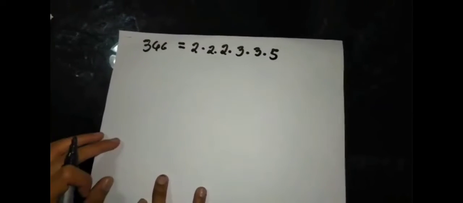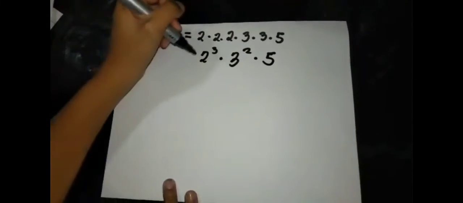To illustrate the canonical form of integers, take the sample integers from earlier, like 360. 360 has prime factors of 2 into 2 into 2 into 3 into 3 into 5. So the corollary states that it is written uniquely in a canonical form.